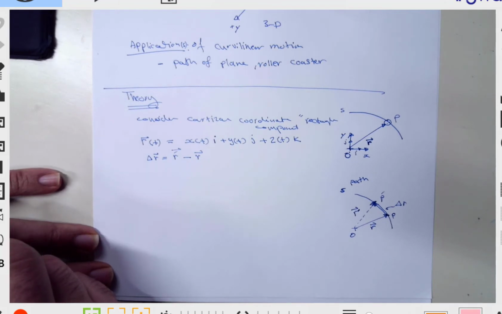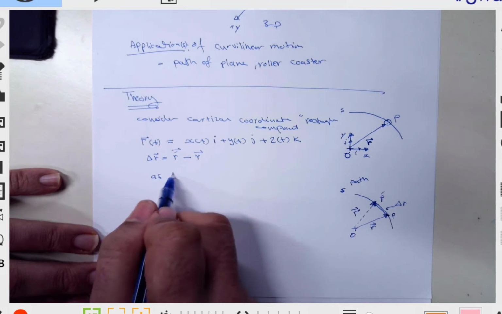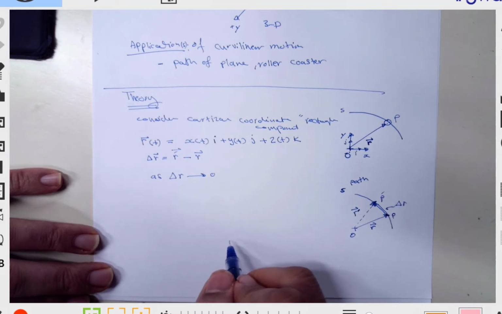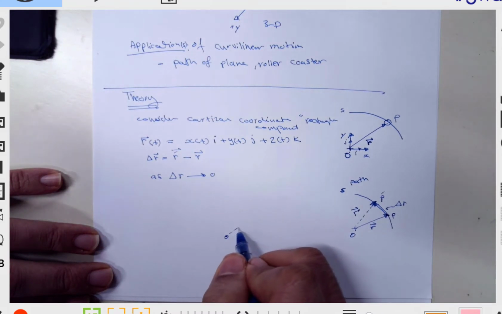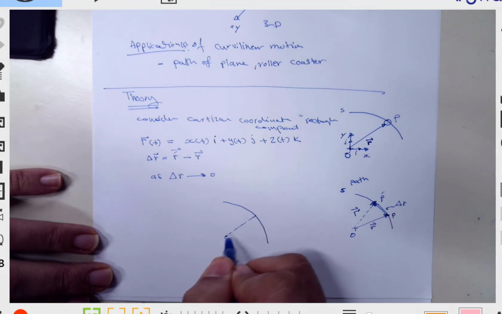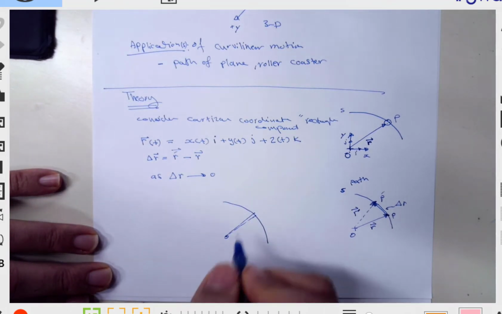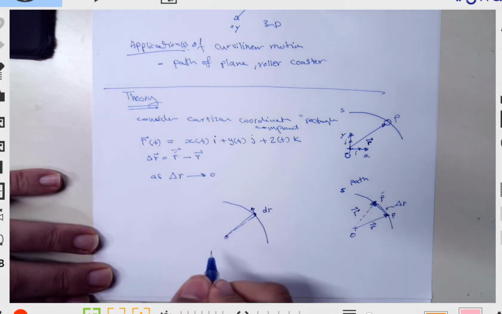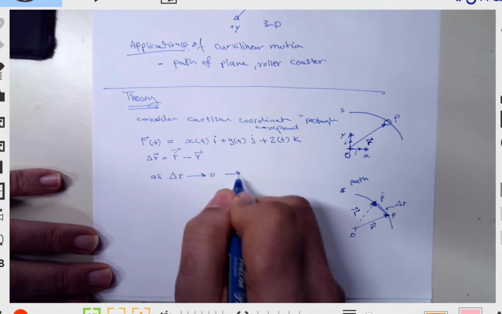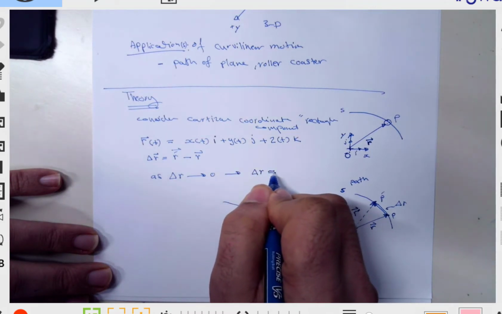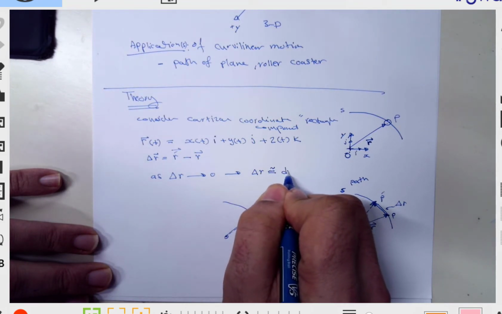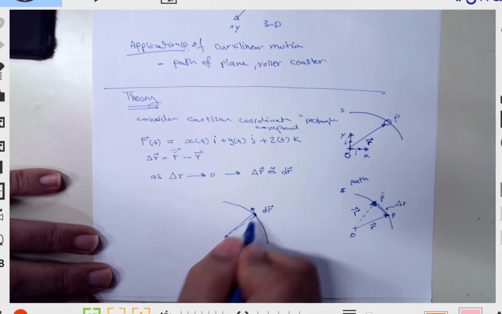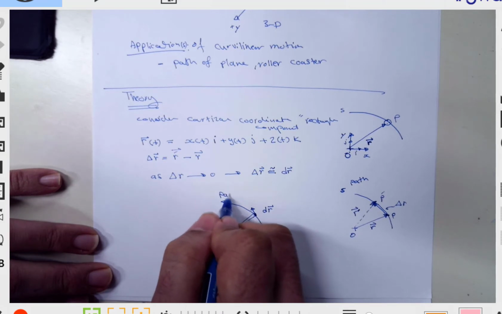Now as delta r becomes smaller and smaller, then what do we have? I'm going to draw another one. So as this delta r becomes smaller and smaller, it becomes a derivative, then we can say delta r is equal to dr, and this becomes tangent to the path.